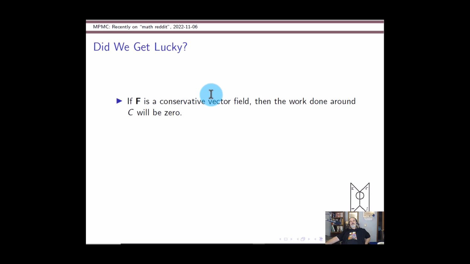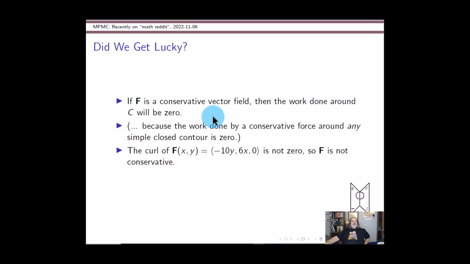So here's the scenario from the previous problem that I was hoping would work out that doesn't. If you have a conservative vector field, the work done around a closed contour, like one loop of sine of 7 theta, has to be 0. Okay? Well, this vector field does not have a curl of 0.